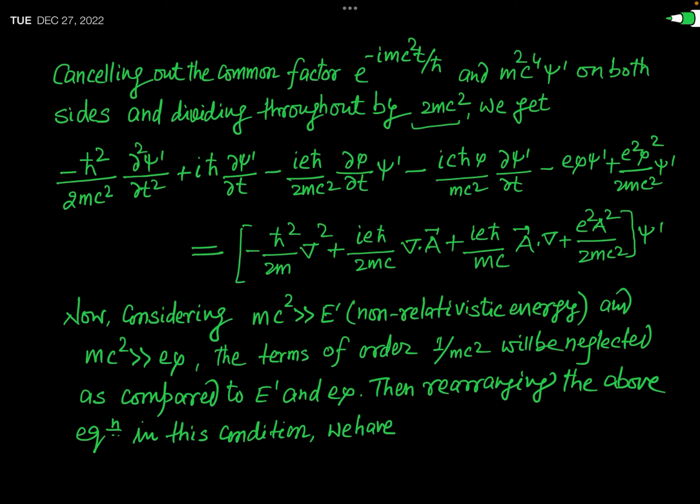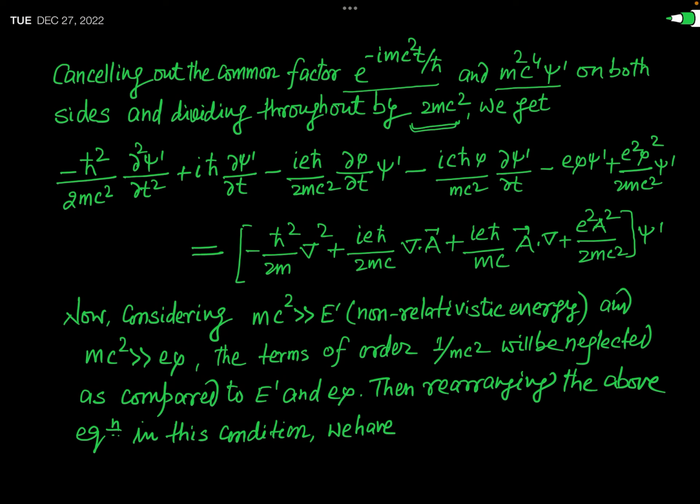So these three algebraic steps you have to do here. First of all, cancel the common factor e to the power minus imc²t/ħ, and also this m²c⁴ψ' is present on both sides, so these will also cancel out. And after that, you have to divide this equation on both sides by this factor 2mc².